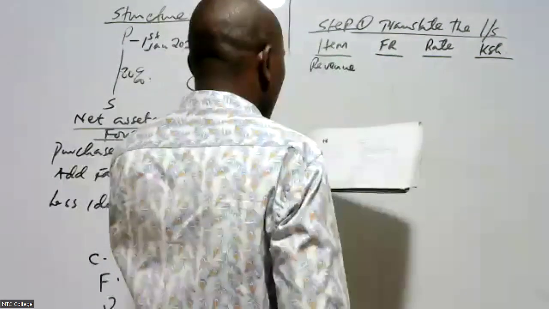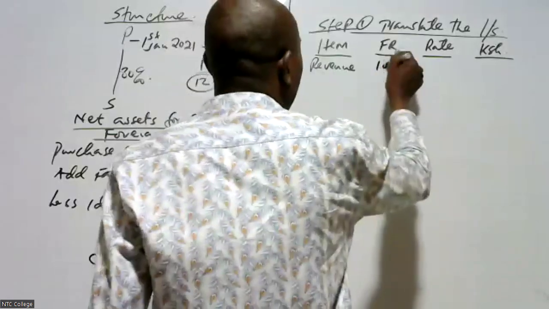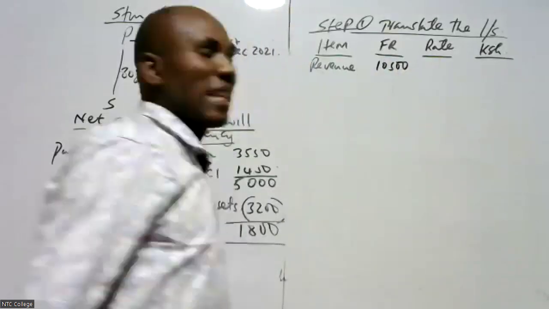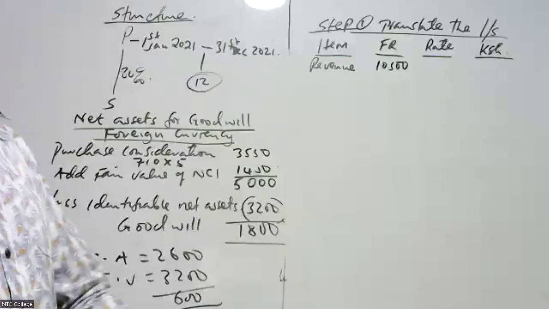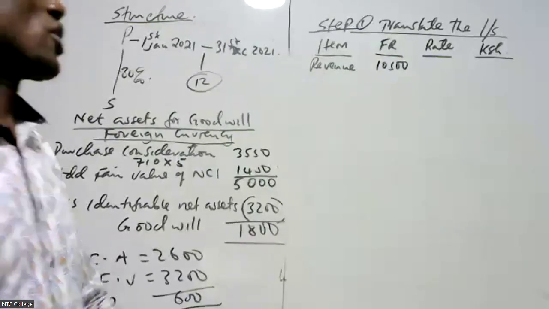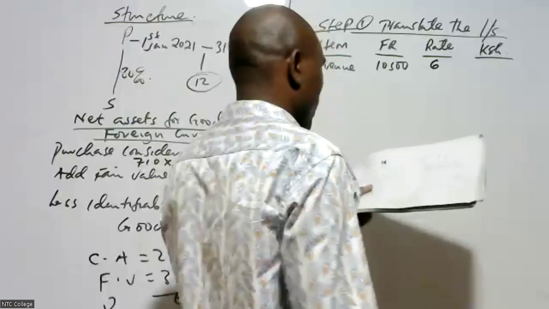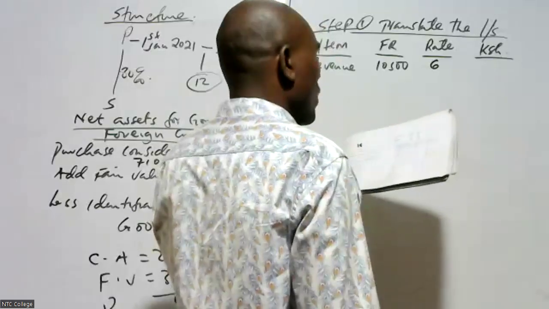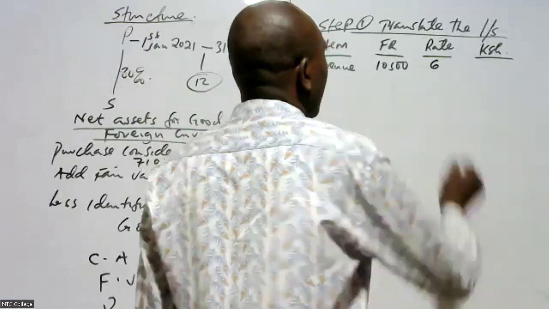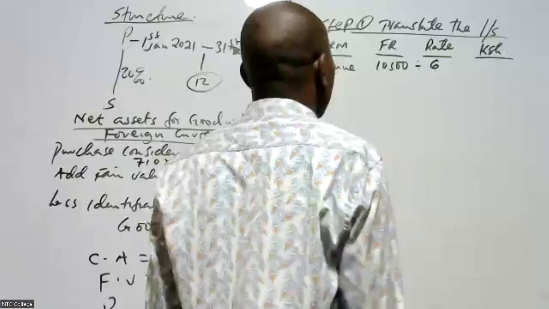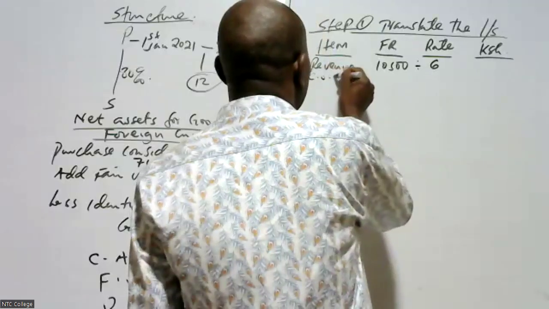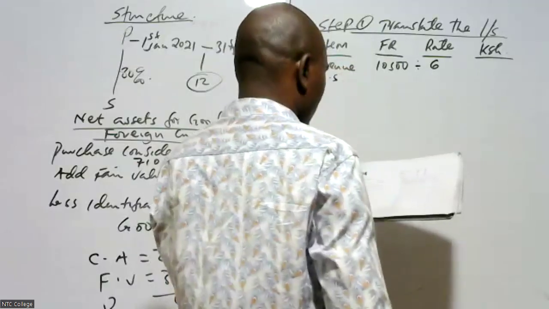Our revenue is 10,500. For the income statement, you translate using what? Average rate. My average rate is 6. Therefore, I divide by 6. Then I come to the cost of sales.